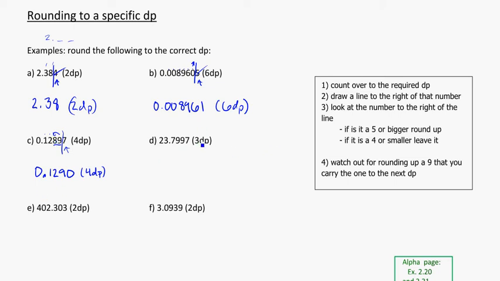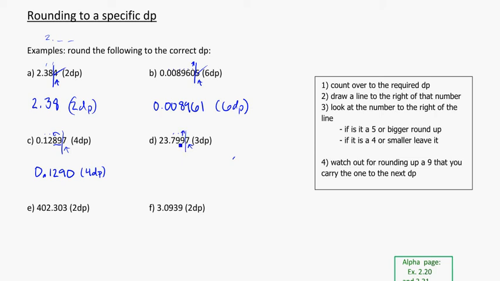Looking at this next example, 3dp, 1, 2, 3, draw the line, and I'm always going to look to the number just to the right, even if there was a whole pile of numbers afterwards, I would still just look to the one exactly to the right of the line. So here it's looking at 7, and I know that that's going to make me round up.